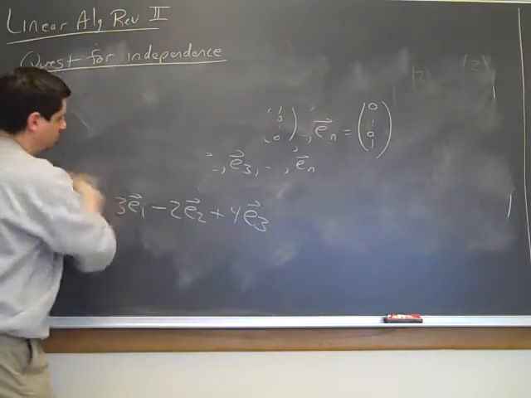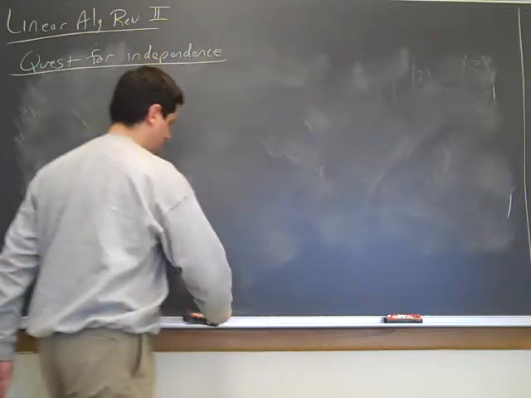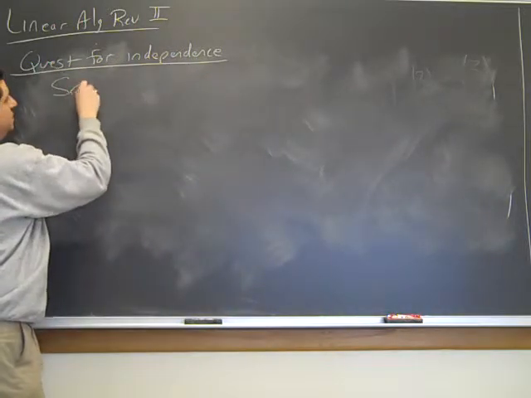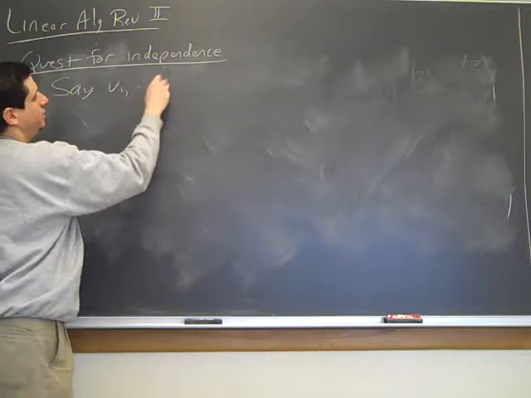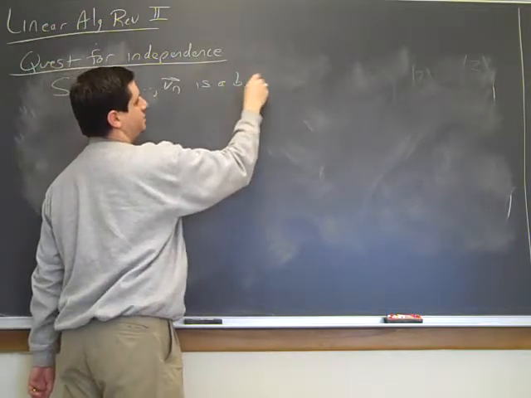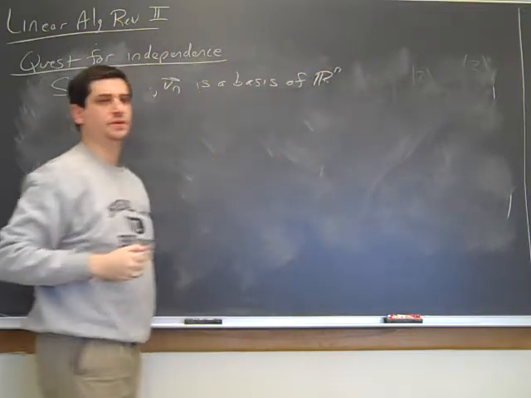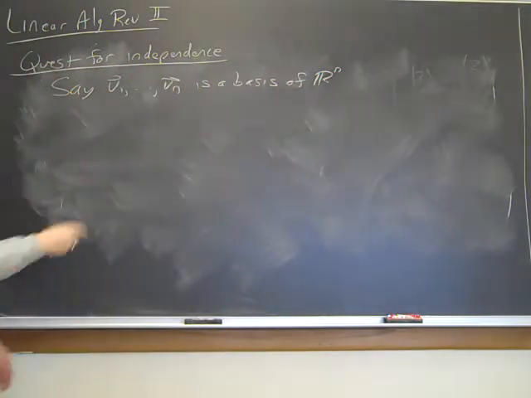So now, we want to have a basis. So, say V1 through Vn is a basis of Rn. So this is going to mean two things.